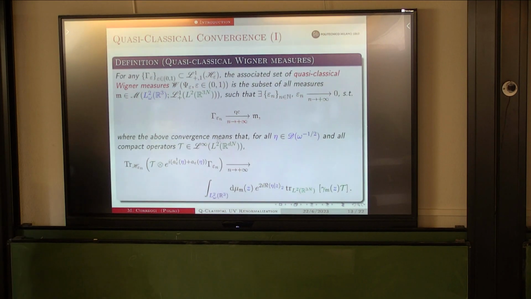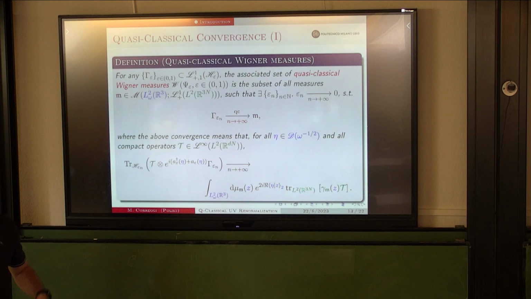You take the limit n to infinity, and you ask that this quantity converges pointwise in eta to the Fourier transform of the measure, evaluated again against the same compact operator. And this must be true for any compact operator. Okay, this is the topology we are defining.